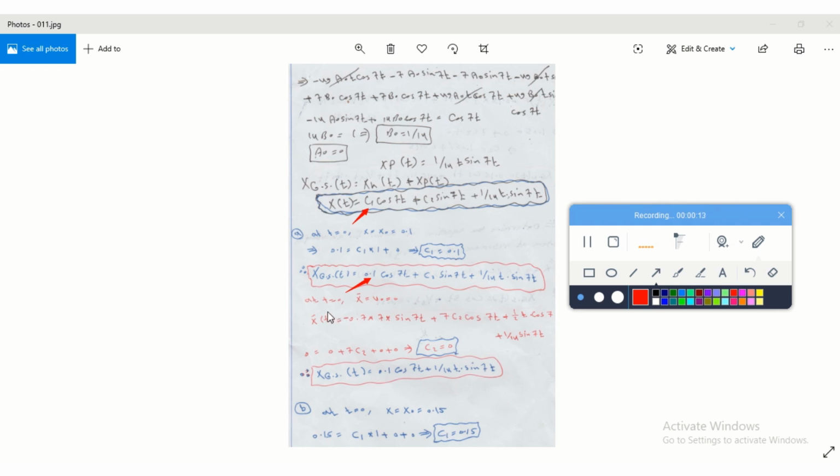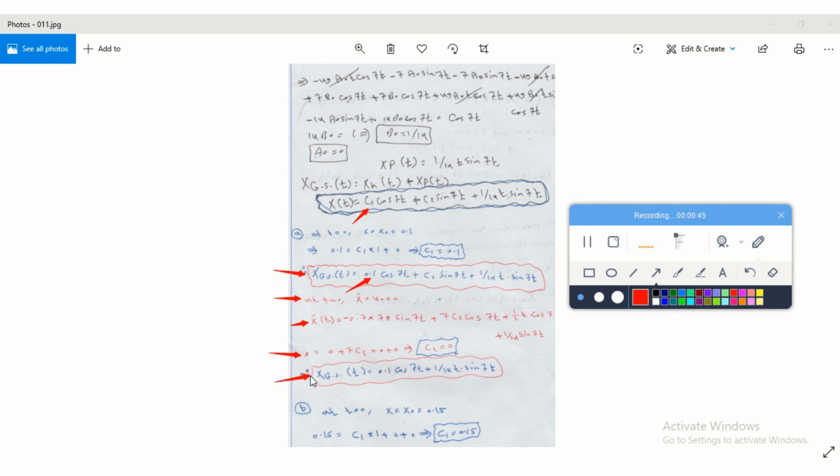They said the initial velocity is equal to 0 for part a at t is equal to 0. To substitute v naught, or v equal to 0, we need to differentiate this one. We did the derivative. Now we'll substitute at t is equal to 0 to get c2 is equal to 0.